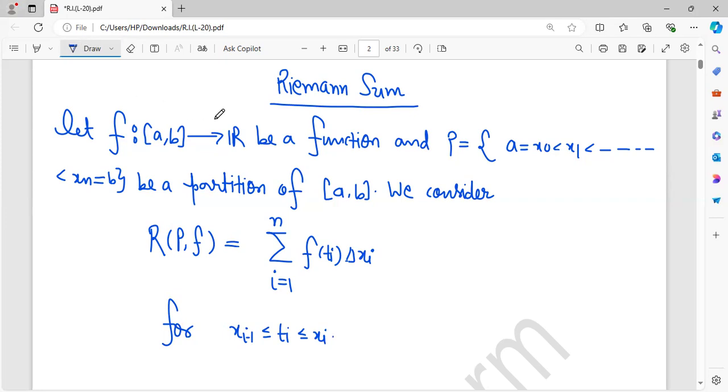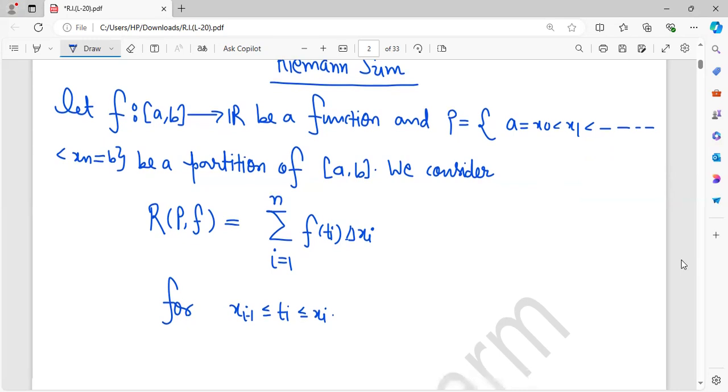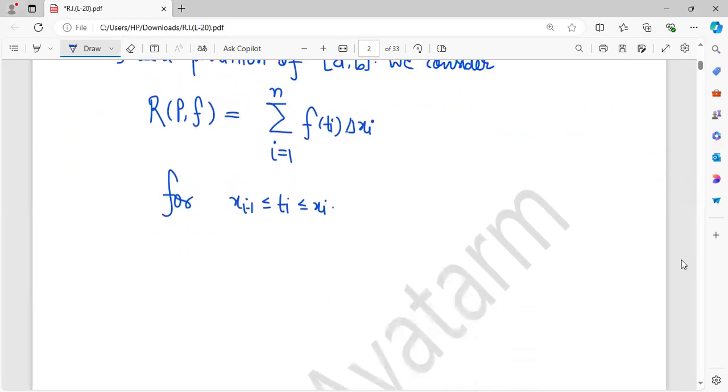We consider R(P, f) = summation i goes from 1 to n of f(ti) delta xi, for ti lying between x(i-1) and xi.